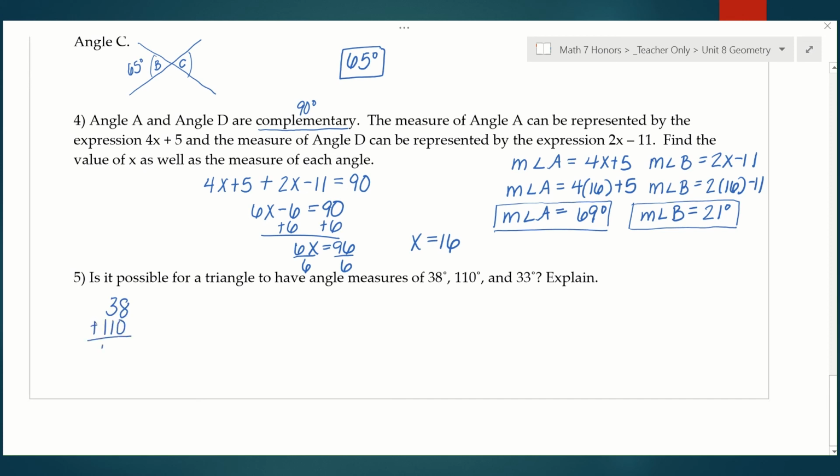38 plus 110 is 148, and 148 plus 33 is 181 degrees.